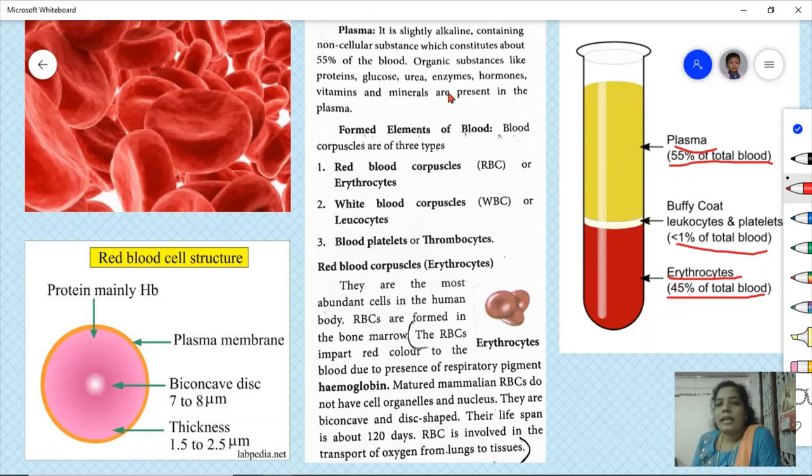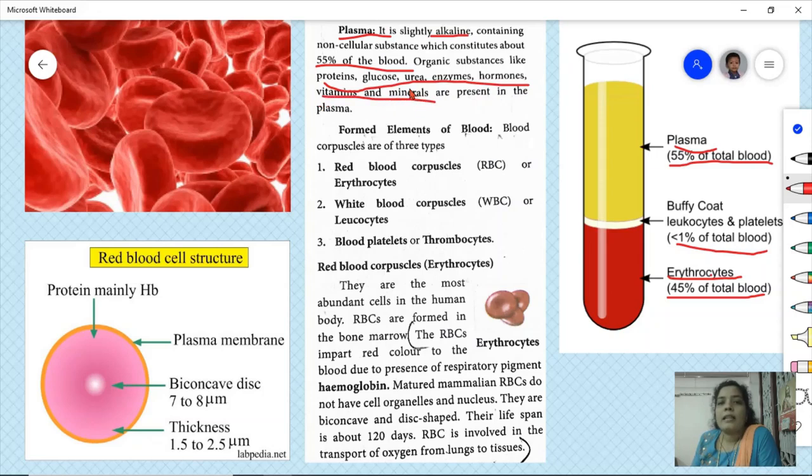Understood? Once again, plasma is slightly alkaline in nature, 55% of the blood. Then organic substances are also present in the blood: proteins, glucose, urea, enzymes, hormones and vitamins.